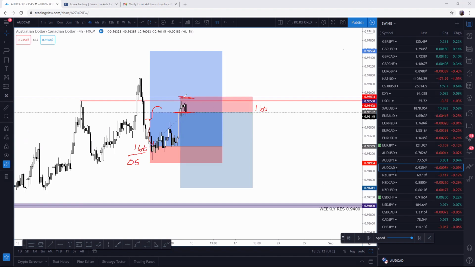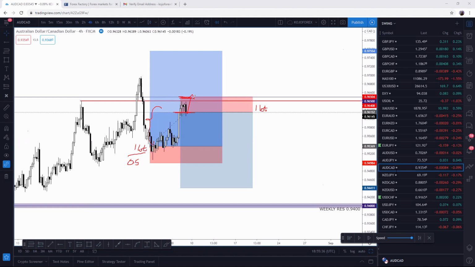So there are two things that can happen here. What are the two things? Number one, this trade can totally disrespect me, break out, and take me out, me losing whatever value that one lot will be, right? But the other end of it is that if I lost that trade, that 0.5 lot remaining would have at least covered some portion of that loss.